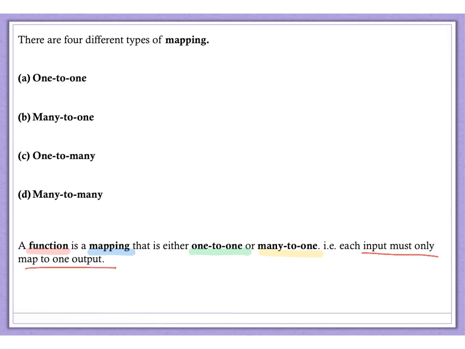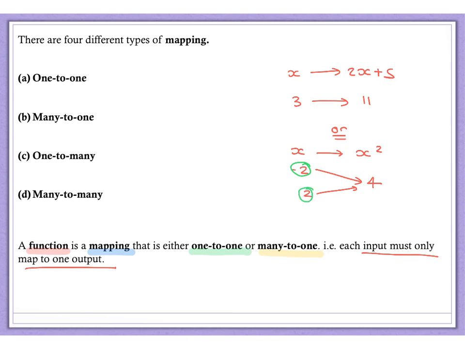So you have examples like x mapping to 2x plus 5, where each individual value only maps to one output, or you can have examples like x mapping to x squared, where it's absolutely fine for -2 and 2 both to map to 4, because we still satisfy the rule that each individual input only has one output. It does not matter that the output can be created from multiple inputs.